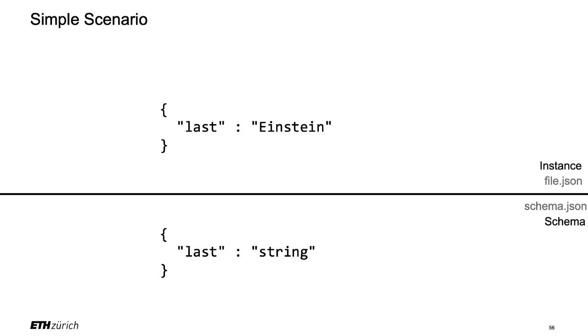When I want to validate a document, I need a schema. The schema will be at the bottom. Last: string, that's a schema. The schema gives me the constraints that I want to check. And then yes or no, does my document fulfill these constraints? But you might notice the first interesting property here is that the schema is also a JSON document.